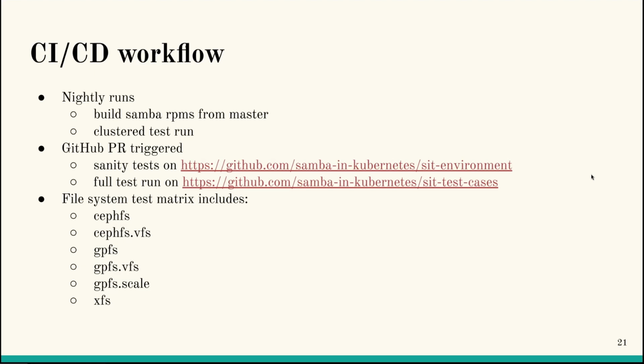And the current test matrix includes various file systems with various access methods: CephFS, CephFS with VFS module, 2-3 variants for GPFS, and we have a baseline setup with the XFS file system too.